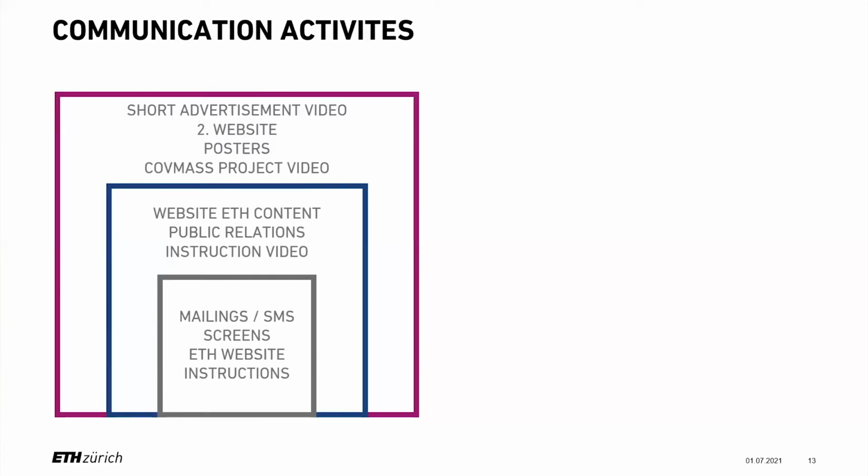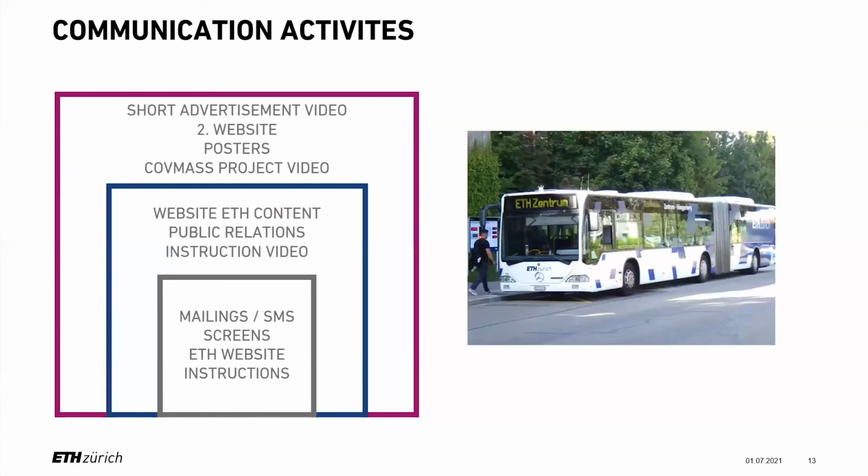So yeah, the last one is the one that makes more people know about CoVMass, highlights collaborations, and gets the messages across. Here we created a short advertisement video, which you can watch if you're driving with the ETH link, the bus, or if you go to the ETH info centers.